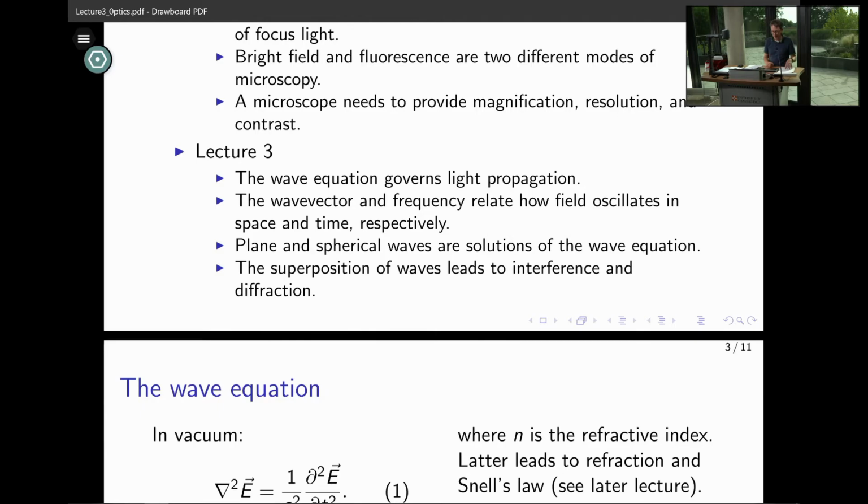And then finally we talk about the key point about what causes diffraction, namely it turns out the wave equation is a linear equation, and so therefore the principle of superposition applies, and so different solutions to the wave equations can be added to generate new solutions.